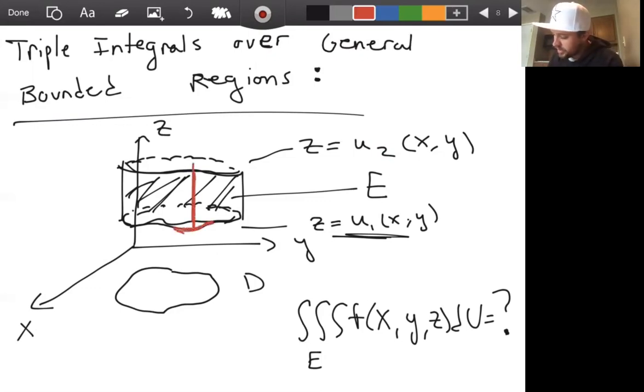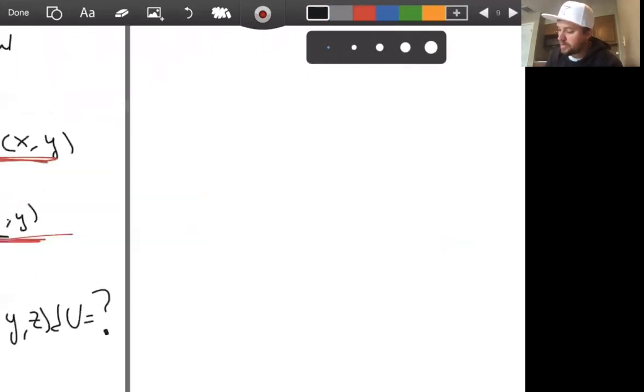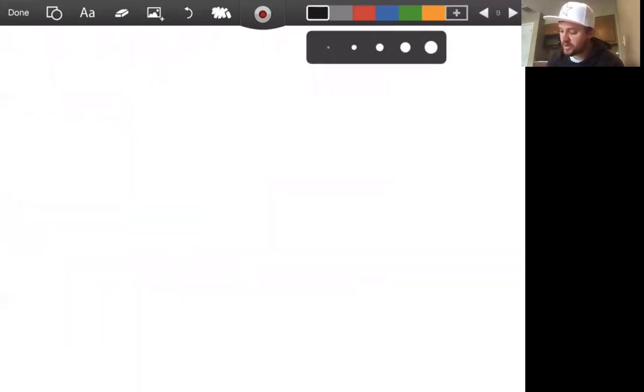The lower bound is the function that's closer to the xy plane, which is going to be u1 of xy. And then the upper bound is going to be u2 of xy, because this height changes as your xy point varies, right? And so that means our z bounds are actually functions.